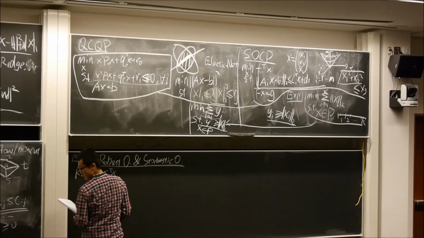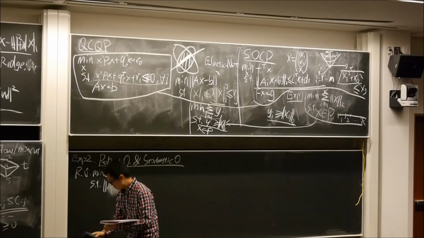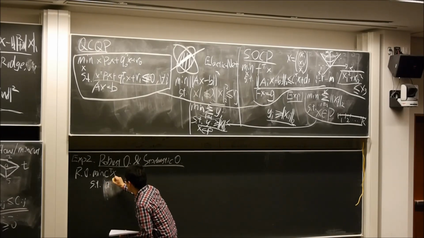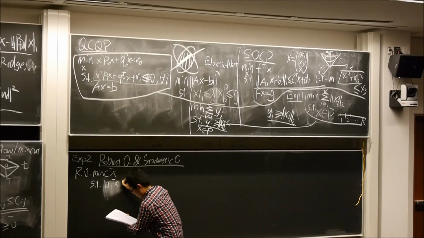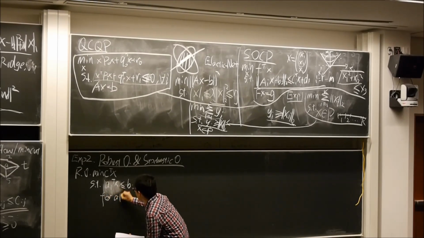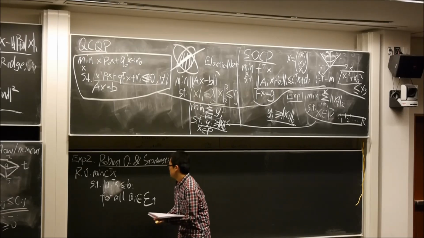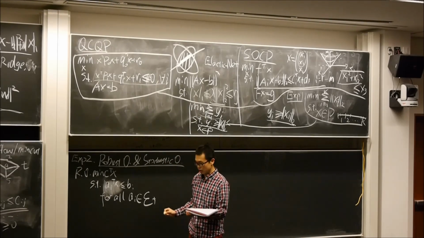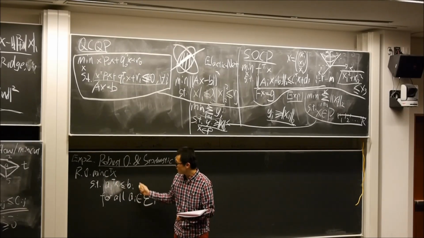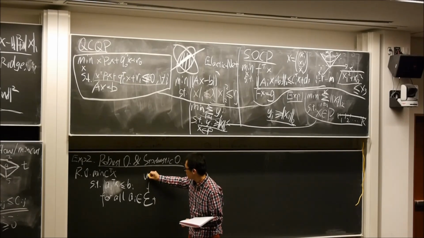Sorry, do I get an eraser? So this is the so-called robust optimization, and it is a linear program with an infinite number of constraints, because this is a so-called uncertainty set.